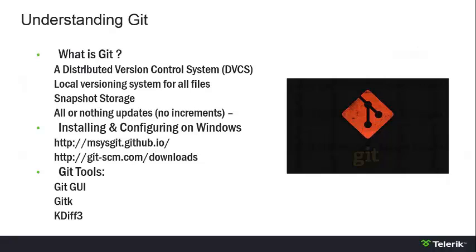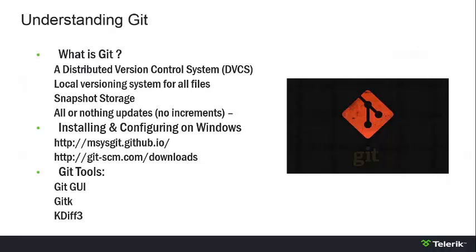Some of the Git tools that you will get with the installation include the Git GUI. This is basically the main shell in which you will be working. It's a GUI shell. Since we have a lot of people who are maybe beginners, I'm going to start with the Git GUI itself, which makes understanding and working with Git much simpler.